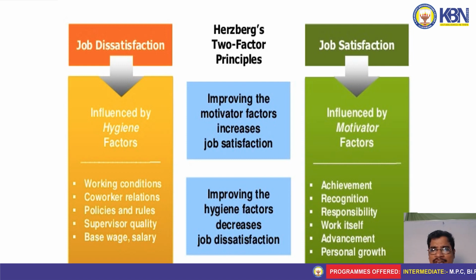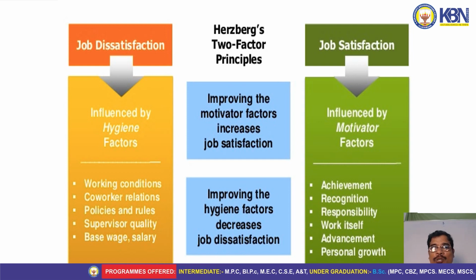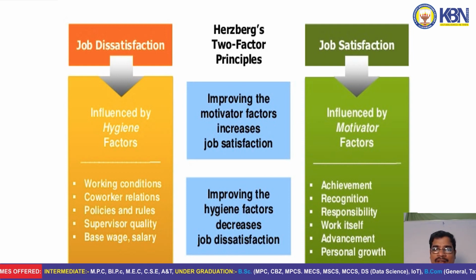If these are available, if there is scope for achieving something, if the management is recognizing us every time, if the management is recognizing us with a token of appreciation, then employees may always be willing to give their 100% best efforts. So that makes them more job satisfied.